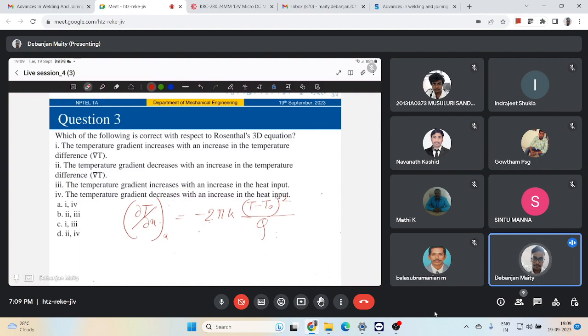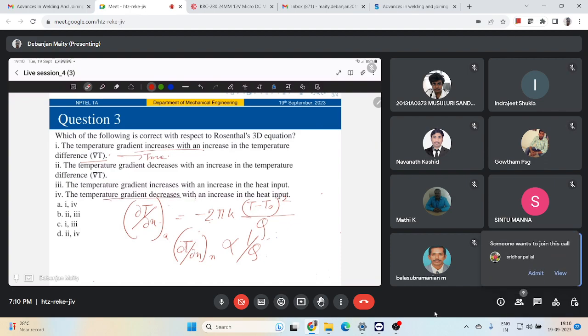So Q is my heat input, K is the thermal conductivity. Here you can see the temperature gradient is directly proportional to the square of the temperature difference, right? Which means it will increase with an increase in the temperature difference. This is true. And the temperature gradient is inversely proportional to the heat input, Q. So the temperature gradient decreases with an increase in heat input.